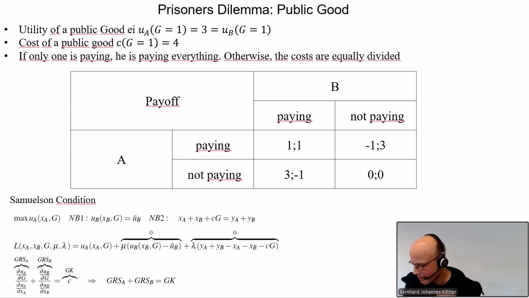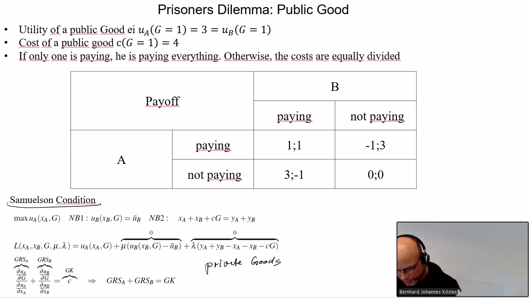And this was done in an analytical way in the 1950s by Paul Samuelson. This is the so-called Paul Samuelson condition. In private markets, for private goods, in micro you have derived that the marginal rate of substitution is equal to the marginal cost. Oh, sorry, this is German.